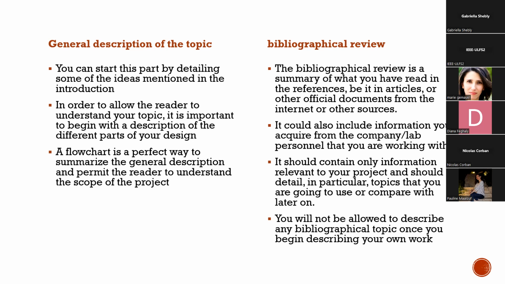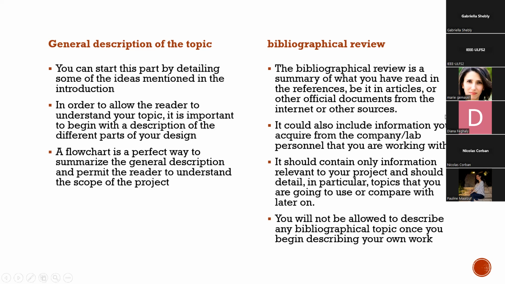Then you go to the bibliographical review, which is, as I already said, a summary of the things you have read and things you are going to use in the report and in your project. It could also include information that you could acquire from your company. It doesn't always have to be things that you have read.